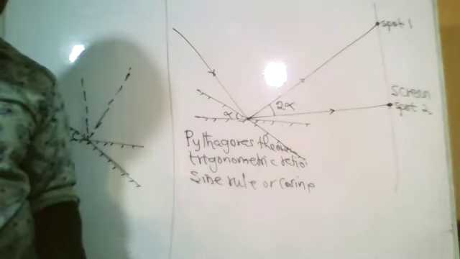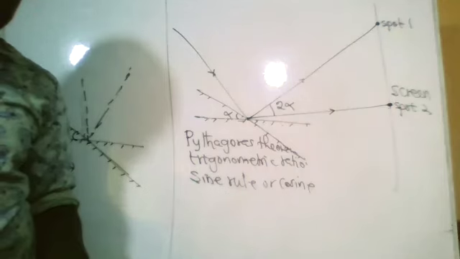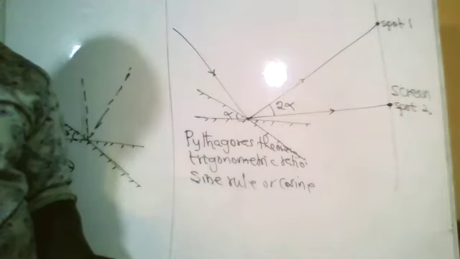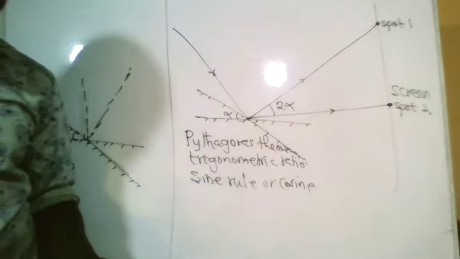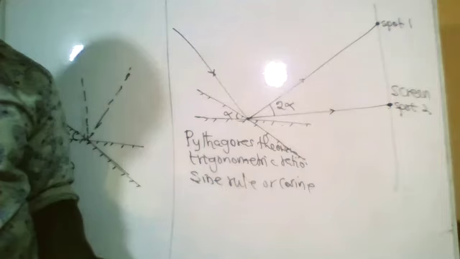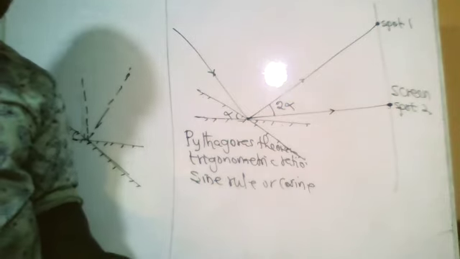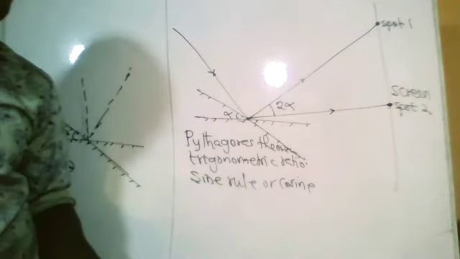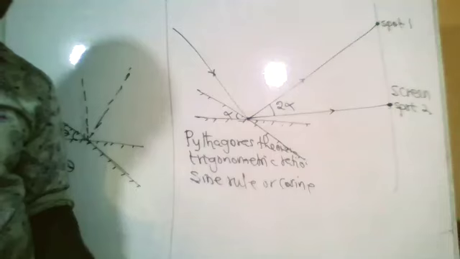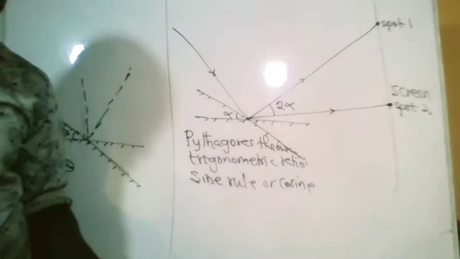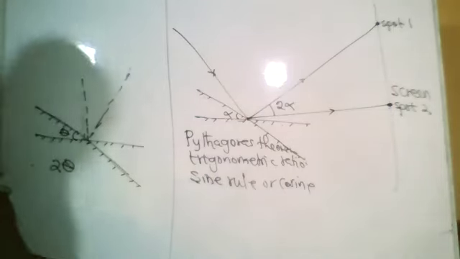If the spot moves along the vertical plane through a distance of 620 centimeters, through what angle in the vertical plane must the mirror be rotated?